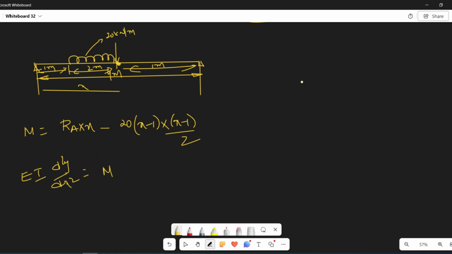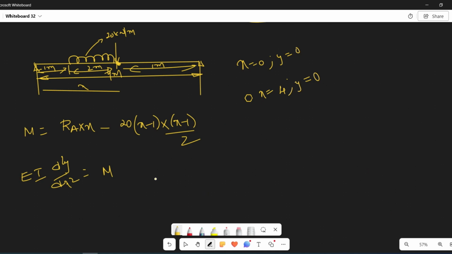And remember, for the support x is equal to 4 only. So integrate it, add the constant, apply the boundary conditions, get the constants. Based on that, take the value.